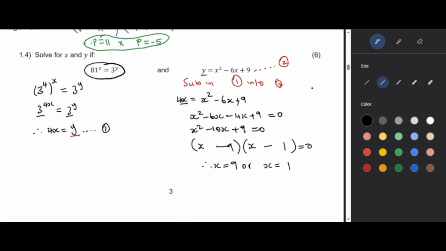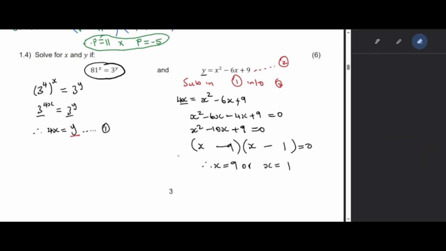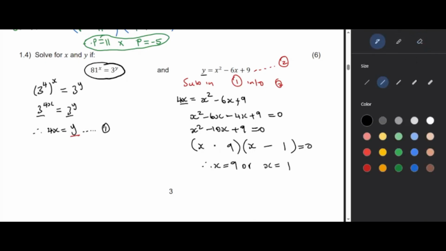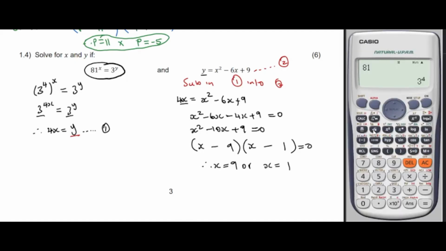So maybe let's explain how we got the x minus 9 and x minus 1. Remember to use the quadratic formula. You can always use the quadratic formula, but do not write that on your answer sheet. So this will be minus b, the value of b is minus 10.